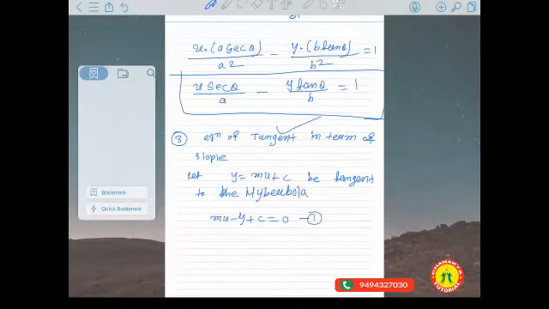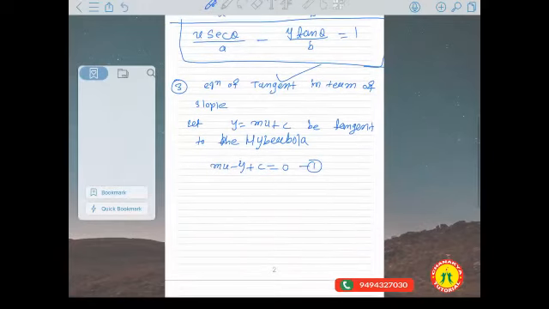We need to find, remove c. So I want to know the equation of tangent in terms of slope. So here you can see y equal to mx plus c. C is also variable, m is also variable, but you want to not see the variable. C is also in terms of a and b and m. So what will the c value? So we need to find in terms of a, b and m.